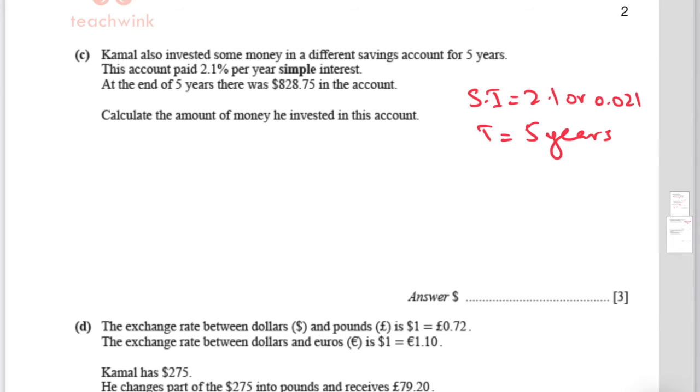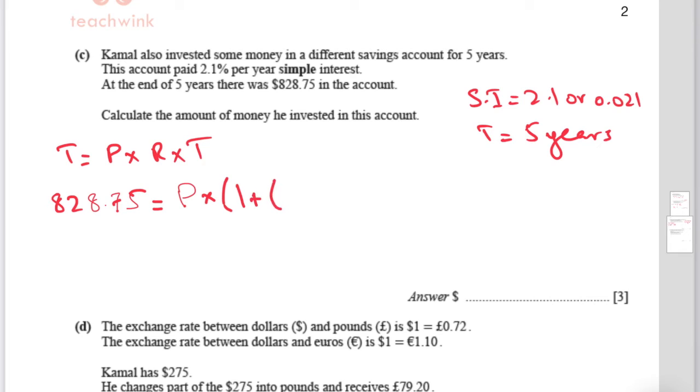The total amount is equal to the principal multiplied by 1 plus the interest rate times the time. So the total amount that he earned is $828.75, which is equal to the principal that we are trying to calculate multiplied by 1 plus 0.021 times 5, because it's 5 years.